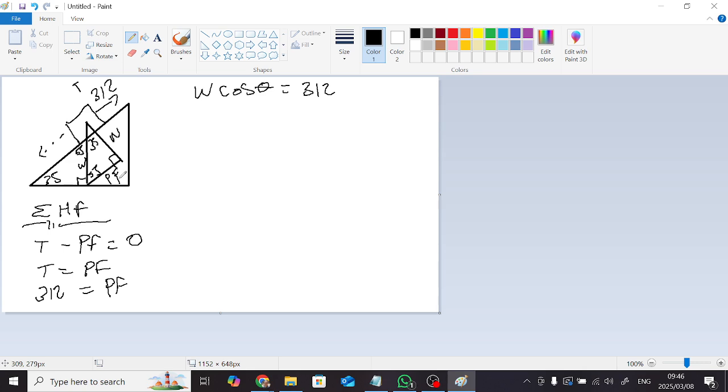Okay, so we know PF is equal to W cos theta, and we know that PF is equal to 312, right?